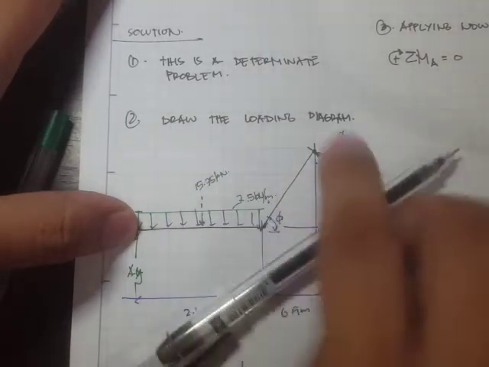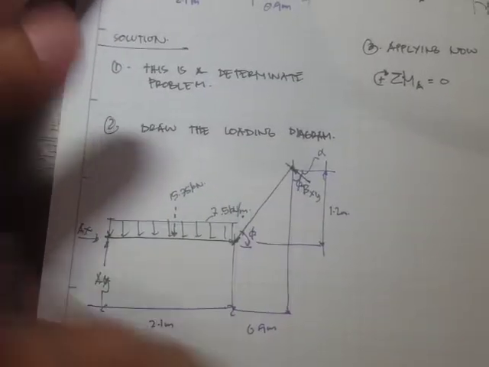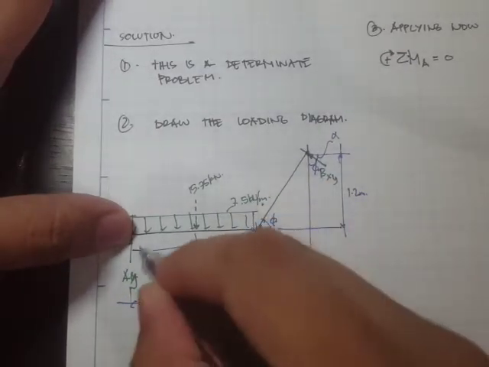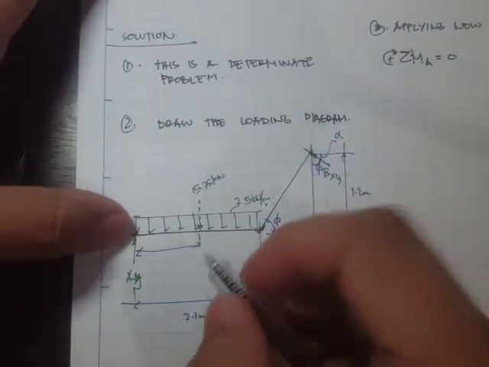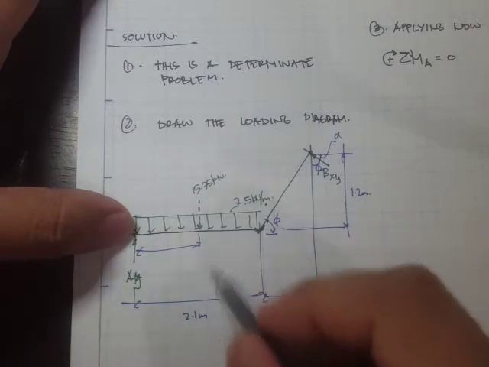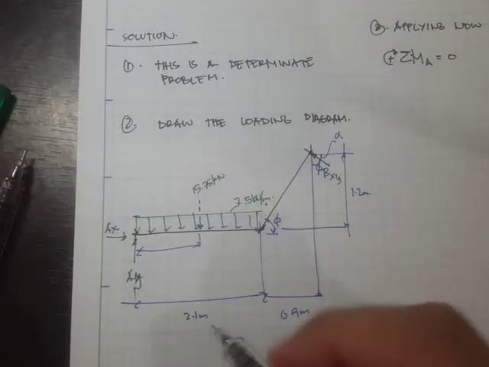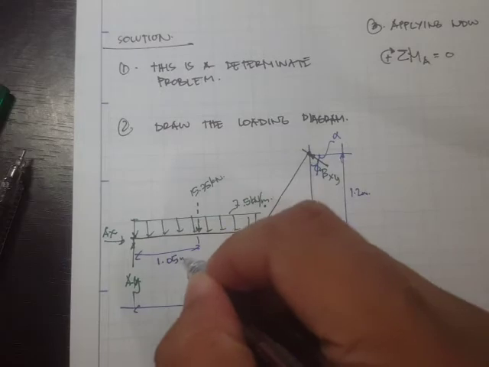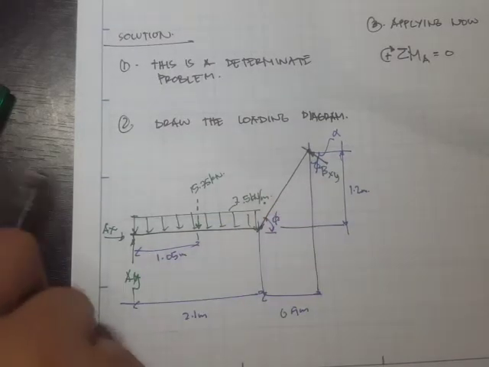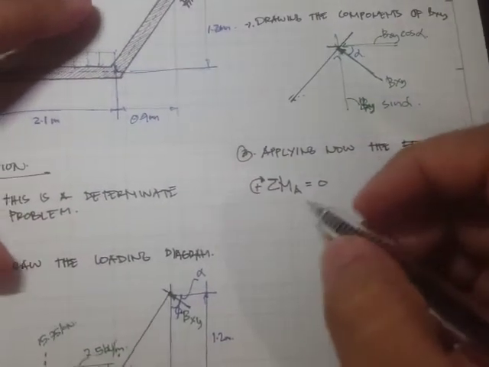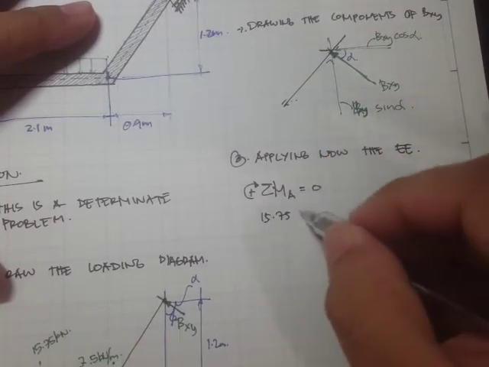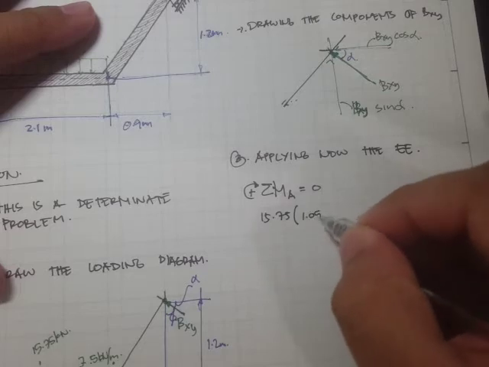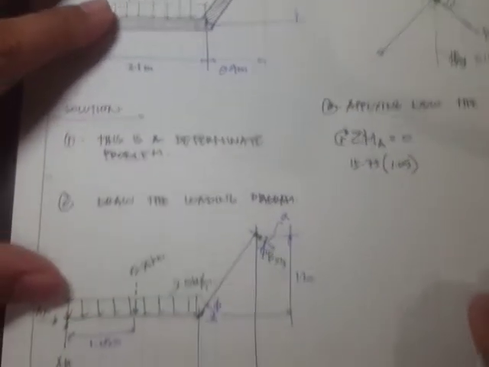This 15.75 is acting downwards, so it produces a clockwise moment with respect to A, and the distance is 2.1 divided by 2, which is 1.05 meters. So we write 15.75 kilonewtons times 1.05.